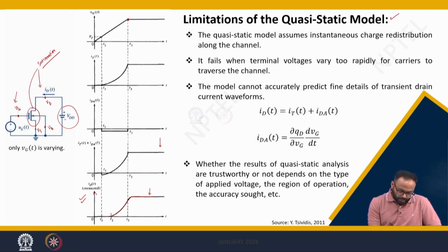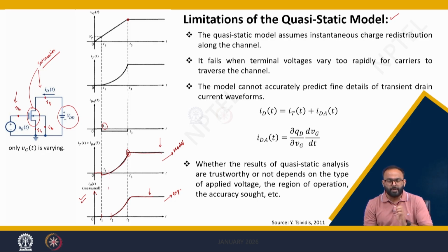Here the ID is 0 till this T1 point, and after that it shows a negative value. After a certain point, let's say at T2, it shows an increase. Here there is a small hump or spike and then the current gets saturated. So this is the model result and this is the experimental result.